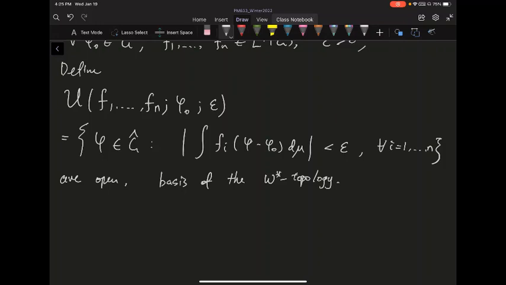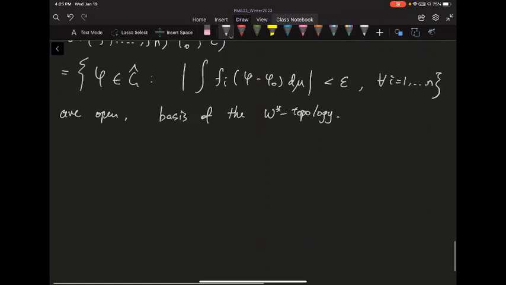So we need to start describing an alternative way of describing a topology on the space. First of all, I need a proposition. So let's do the following. Consider this map: I take an x from G and a character from G hat, so I consider it as G times G hat, and then just map it to phi of x.